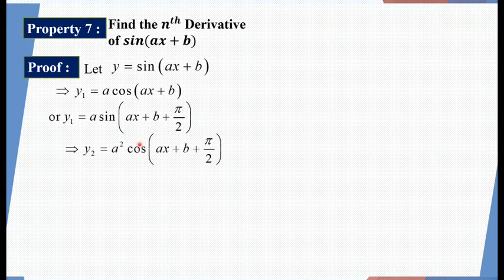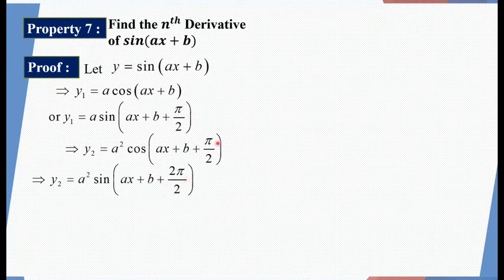Again differentiating, so it will be y2 equals to a square cos ax plus b plus pi by 2. Again write it in terms of sine. So again add pi by 2. So 1 pi by 2 is already there, so it will be 2 pi by 2. So when we have to find y3, then in the same manner this will convert into 3 pi by 2, and this is a cube.